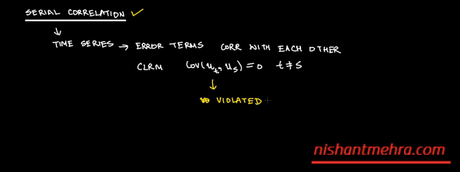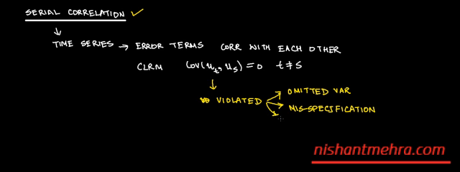And this violation might occur because of probably omitted variables, could be because of misspecification of the functional form, or it could even be because of measurement errors.